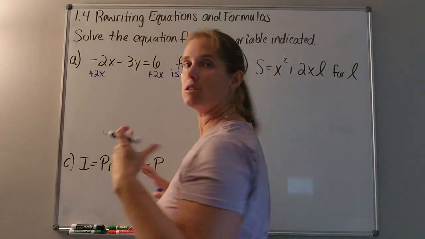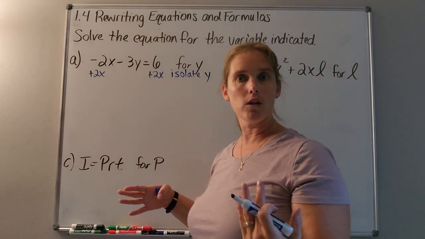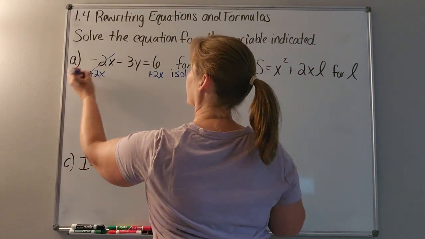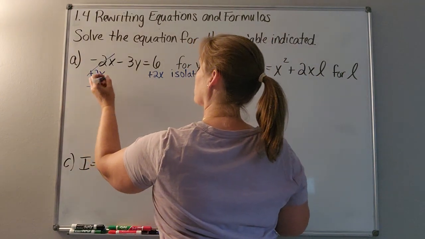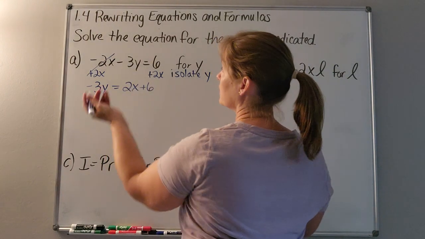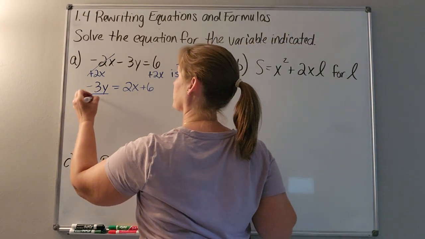Opposite operations, opposite order, keep the equation balanced. All that stuff still applies, okay? So that cancels there. Negative 3y equals, I usually put the variable term first, then the constant. You don't have to. And now I got to divide by negative 3.